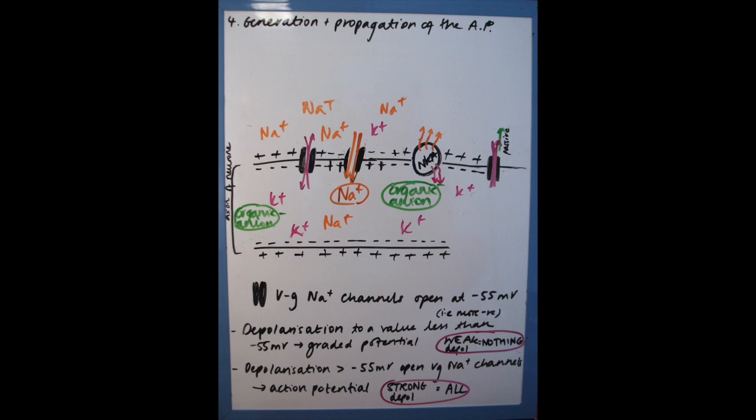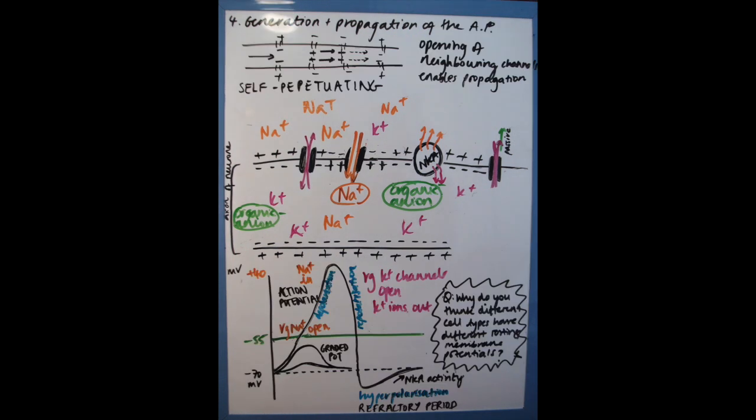And also it enables the propagation of this action potential down the axon without decaying, because the entering of sodium ions causes the opening of adjacent voltage-gated sodium channels, meaning there is a self-perpetuating signal that travels all the way down the axon.